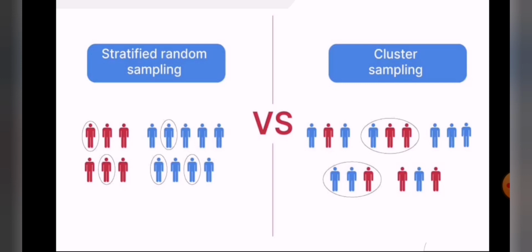Whereas with cluster, grinupo mo sila and you will only select groups. So for example, limang grupo dito sa image. And then you will pick randomly among the groups. Yung group mismo, hindi people inside the group. So yung number 2 na group and yung number 4 na group ang ating kinuha. Okay? So that's how cluster sampling works.